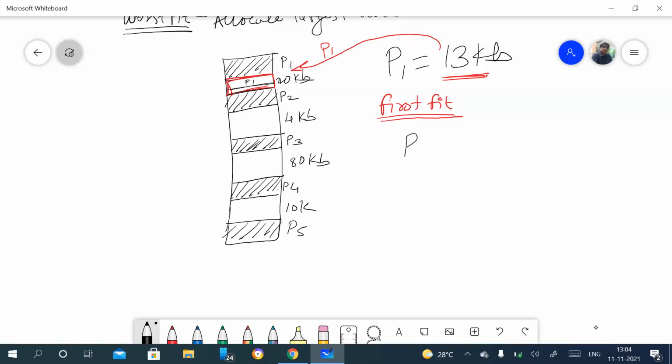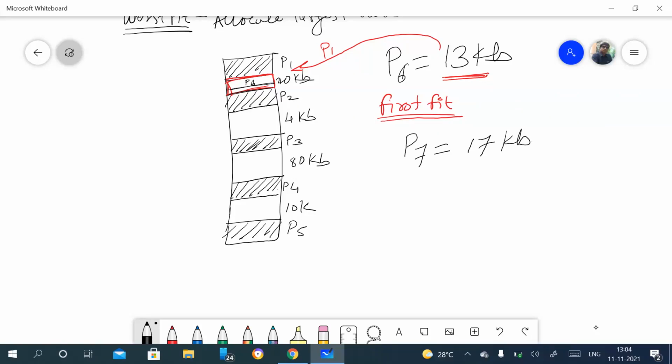Or suppose the next process, consider, sorry, this is not P2, this is P6, because P1 is already there. Now suppose P7 is the process and the size required is 17 kb. Where can we keep this 17 kb?